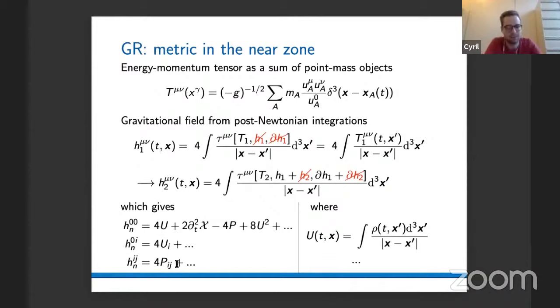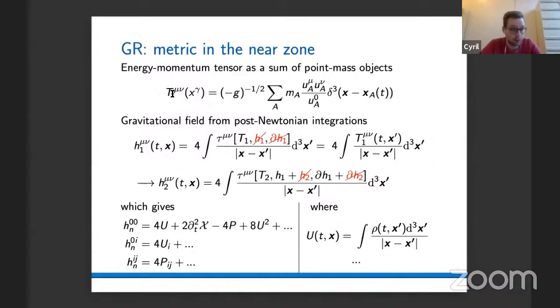I don't write their expression; it's not useful here. But they depend typically on the velocity of the two black holes, on the densities, on the acceleration sometimes. So it's really those potentials, they can be calculated using the matter content. So if we know which black holes we have, we can calculate the metric in the near zone.